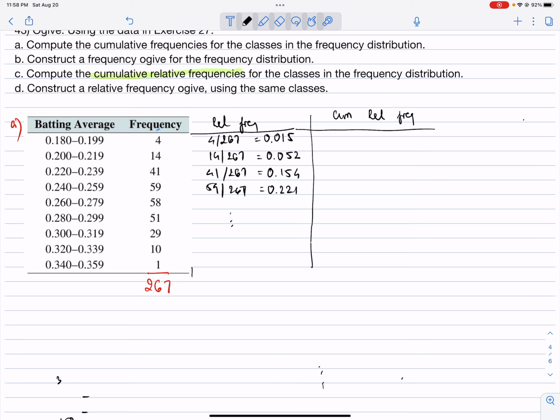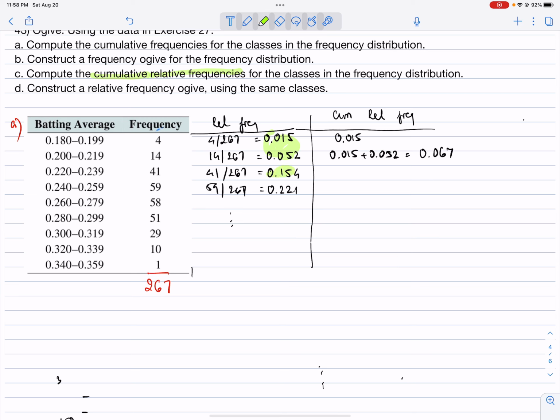Then we calculate the cumulative relative frequency. The word cumulative means we add, right? Add them up. The first one we keep the same. Then the second one we will add this together. So 0.015 plus 0.052. So you will get 0.067.